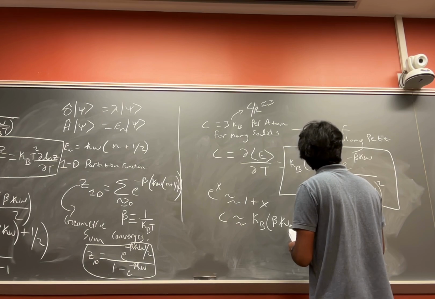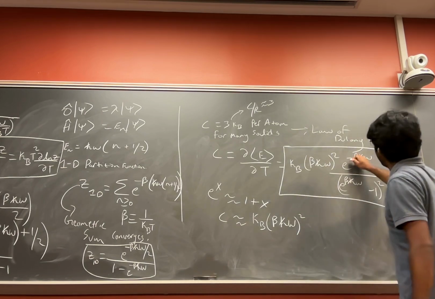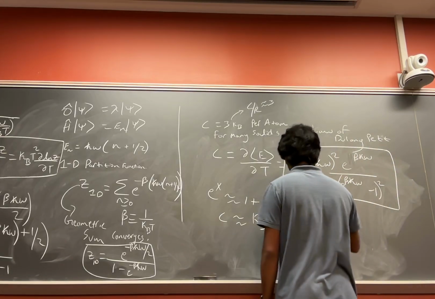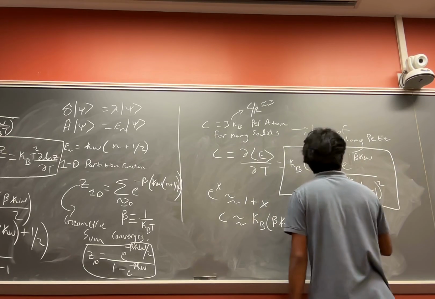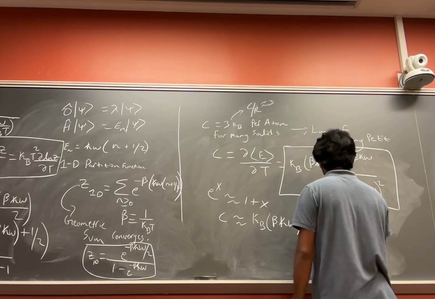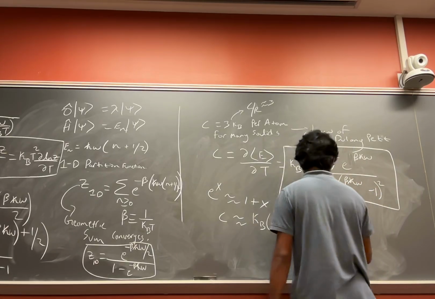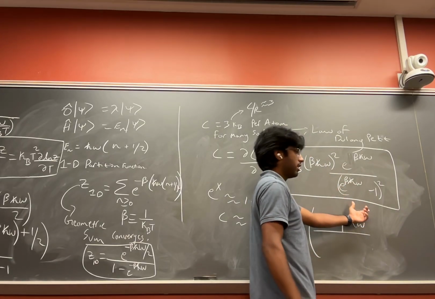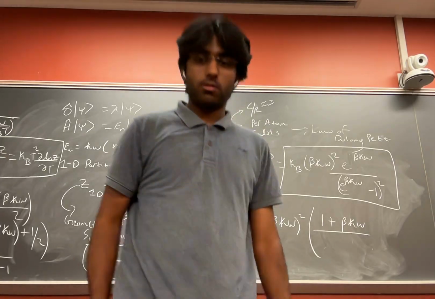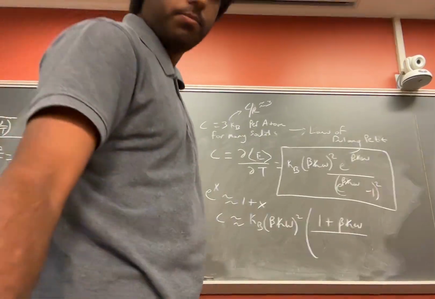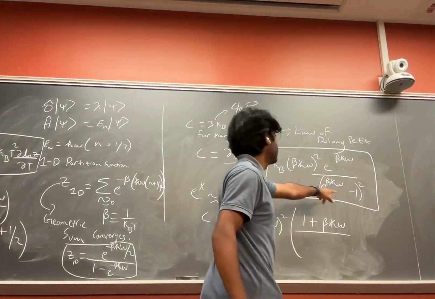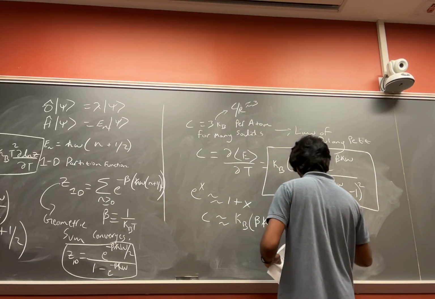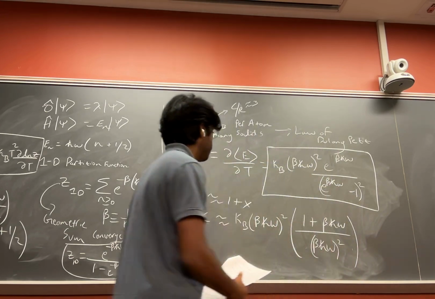Oh, sorry, this should be a positive, my bad. So 1 plus beta h bar omega divided by 1 plus beta h bar omega minus 1, so that's just beta h bar omega squared over here.